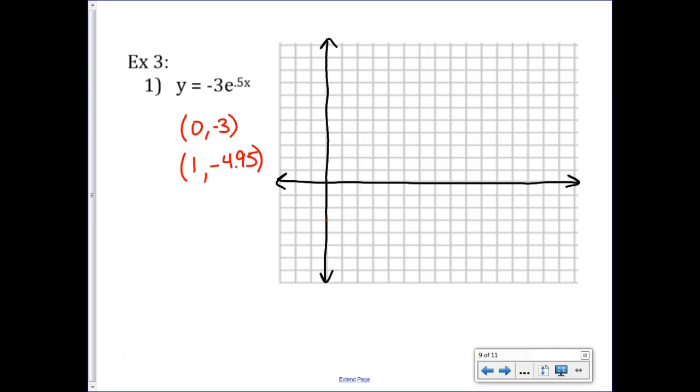So at 0, I'm at negative 3. At 1, I'm at negative 4.95. I haven't moved, so my asymptote is still at y equals 0. But that negative 3 made that flip over.